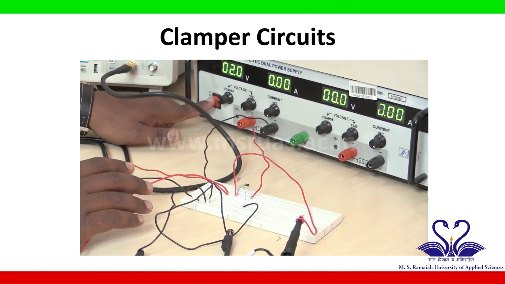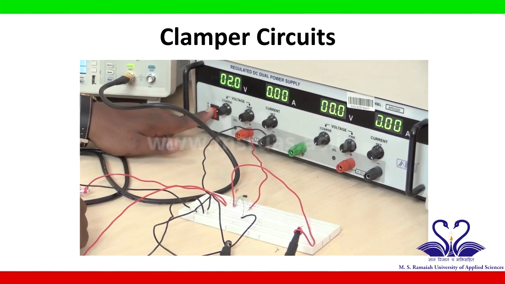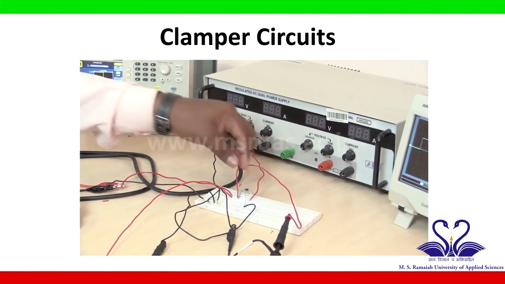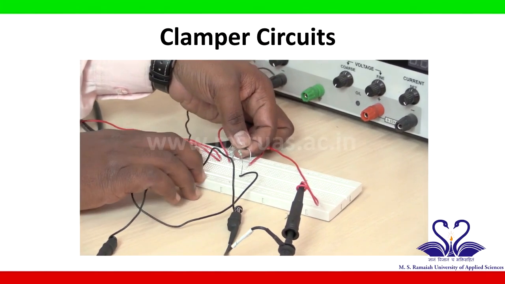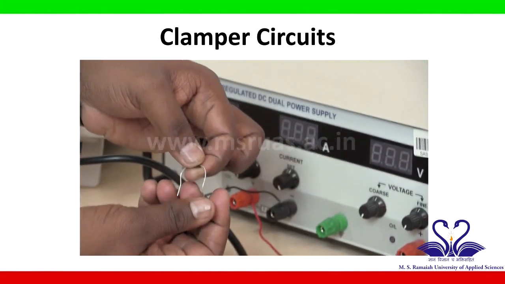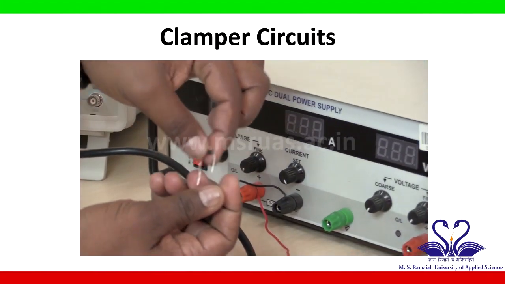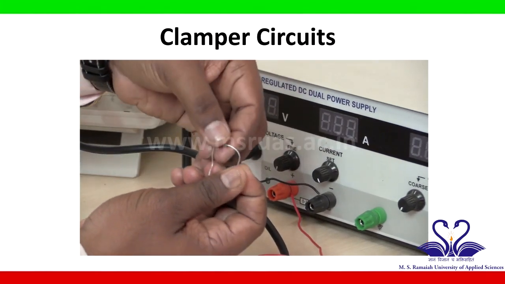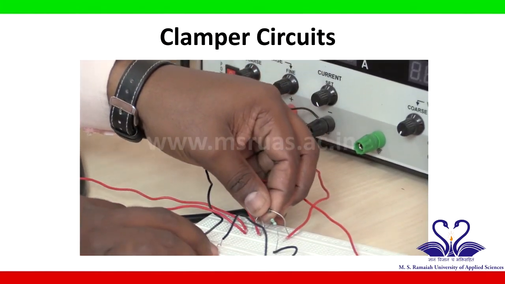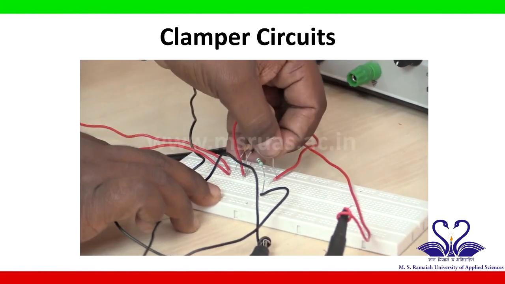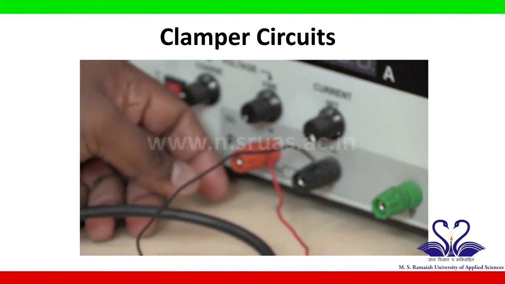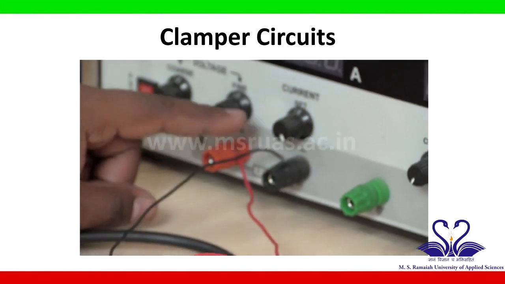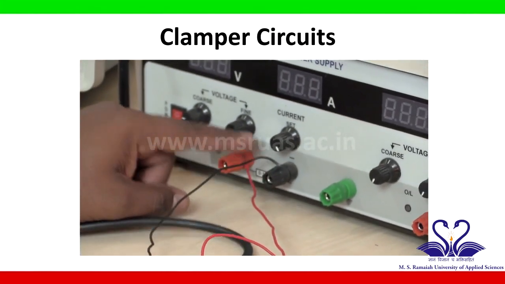To make the corresponding changes, I will turn off the DC dual power supply, remove the diode, reverse the diode orientation and reconnect the diode in the same place. I will also change the voltage source, that is, the DC power supply terminals.